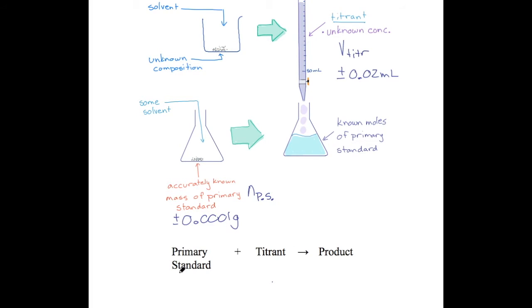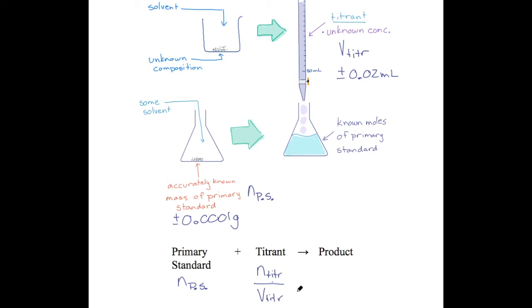So let's figure out what we know here. We very accurately measured the moles of primary standard that were present in our flask. Then we titrated the primary standard until the reaction was complete. That means through stoichiometry, we should be able to figure out the moles of titrant that were consumed in this reaction. The other thing we measured was the volume of titrant that was required for this reaction to be complete.